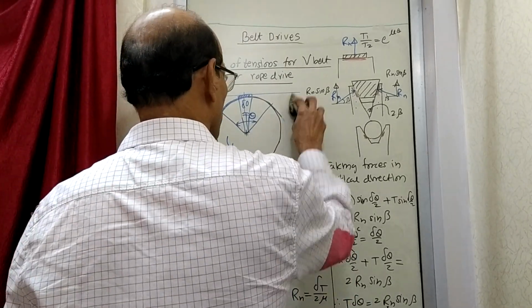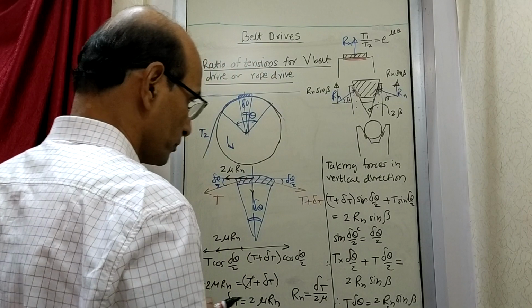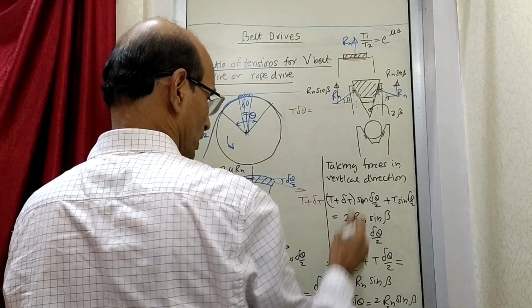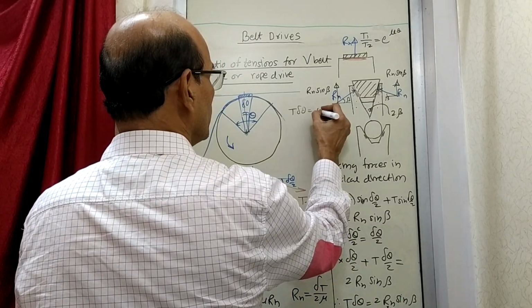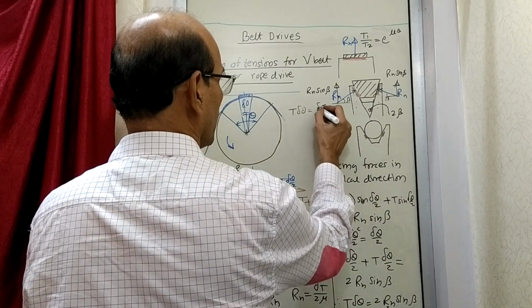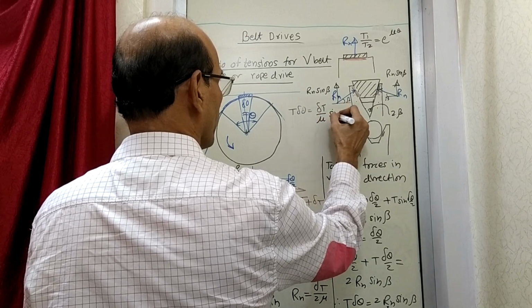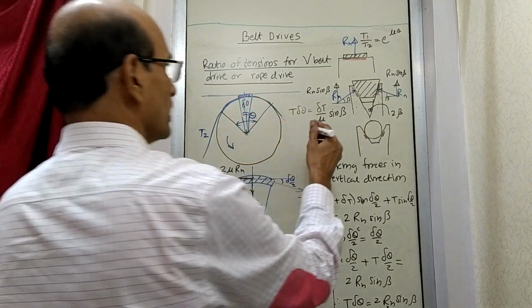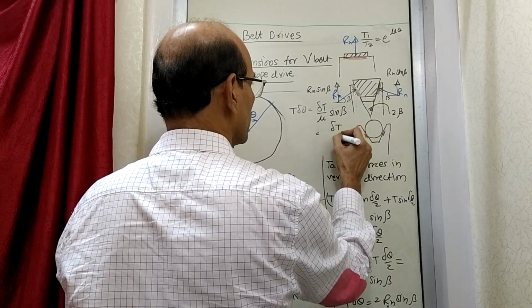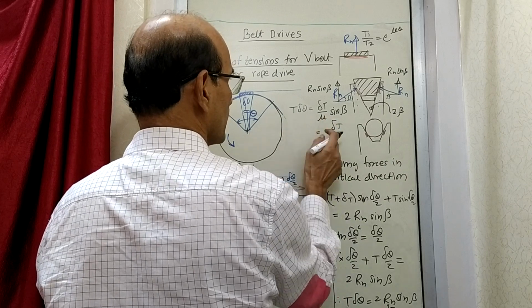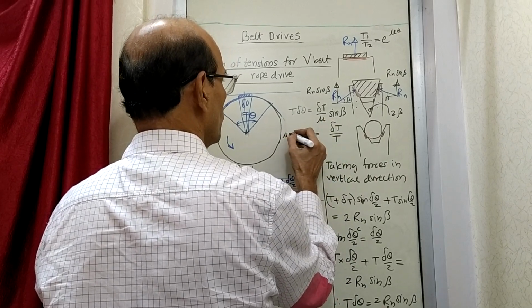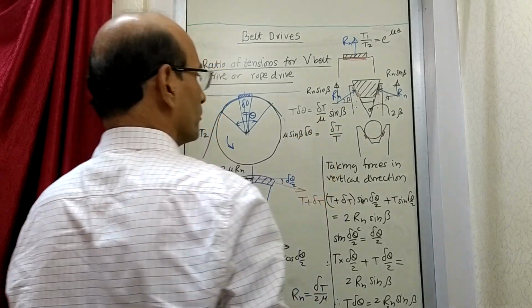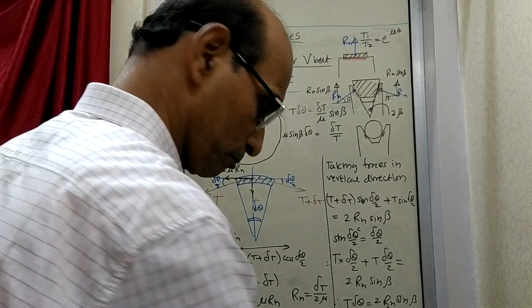So when you continue, it becomes T delta theta is equal to delta T upon mu sin beta. So now we'll take T terms on one side and other terms on the other side. So this becomes delta T upon T, and on this side it is mu sin beta delta theta.